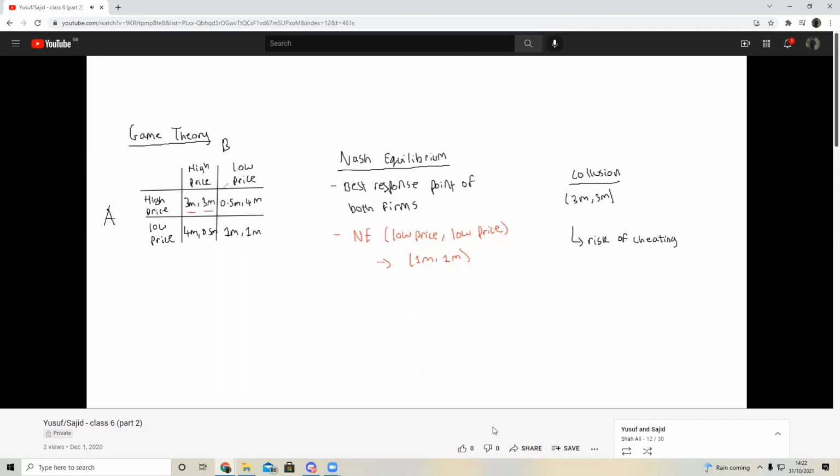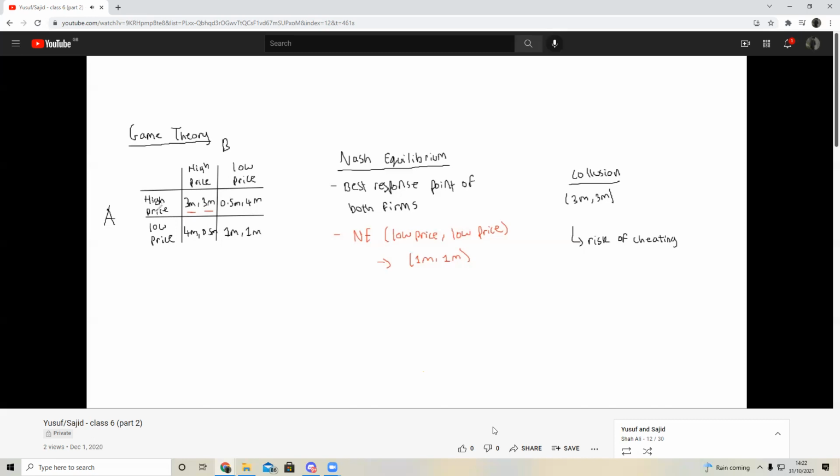These firms have decided, formally or informally, tacit or overt collusion, to collude together and set this payoff here, 3 million, both setting a high price. At this collusion level this is risky, and this is an argument against collusion: it's not sustainable because someone's going to cheat.